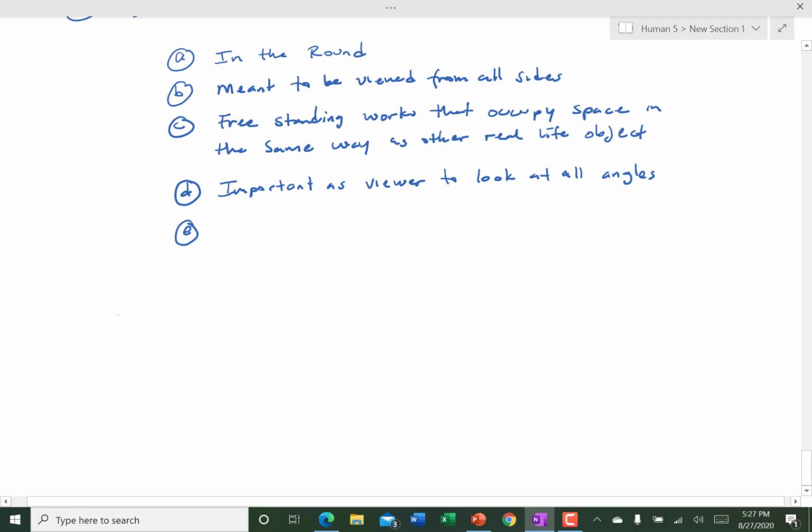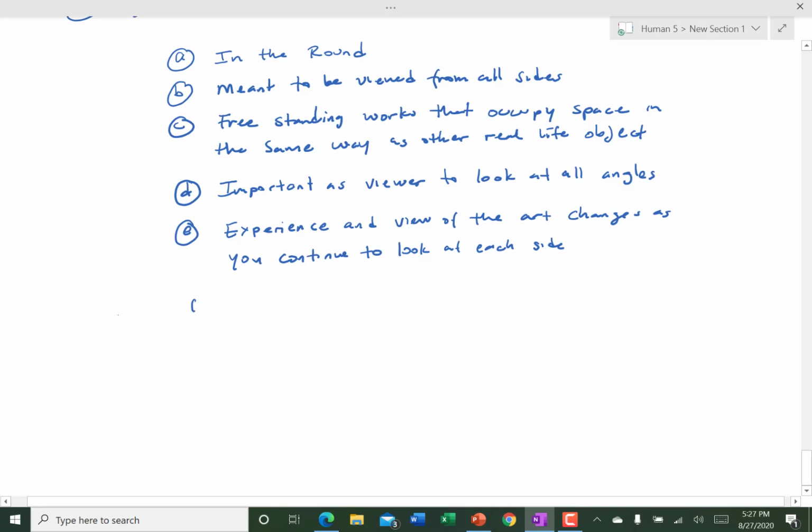So usually you also feel compelled to look further, so that in the round tends to create an experience, and your view of the art changes as you continue to look at each side. So in this way, there is a sense of interaction.